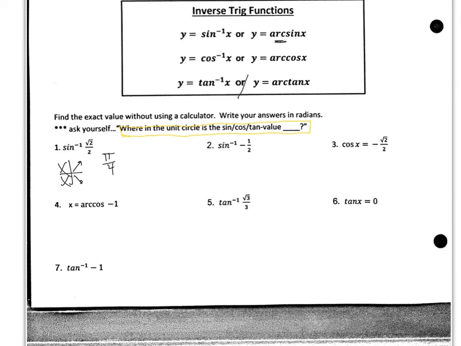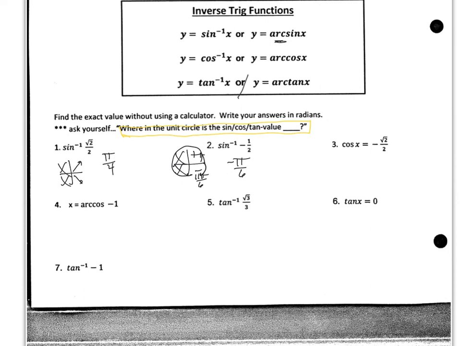Where does the sine for number 2 equal -1/2? Well, in this quadrant, sine is positive. We're not allowed to do this. So you're basically not allowed to go all the way around. You just have to go from 0 up or from 0 down. So sine is negative. It's really 11 pi over 6 if you're looking at the unit circle, but we're not allowed to use that name. So we have to call this negative pi over 6 because we went down pi over 6.